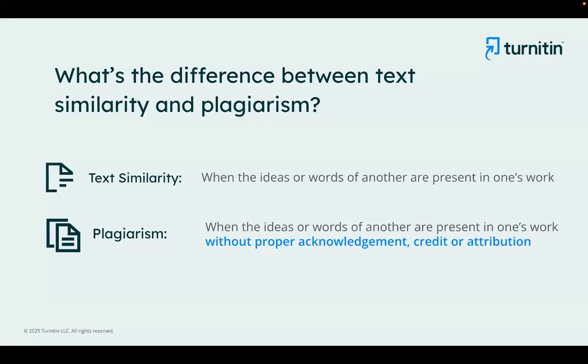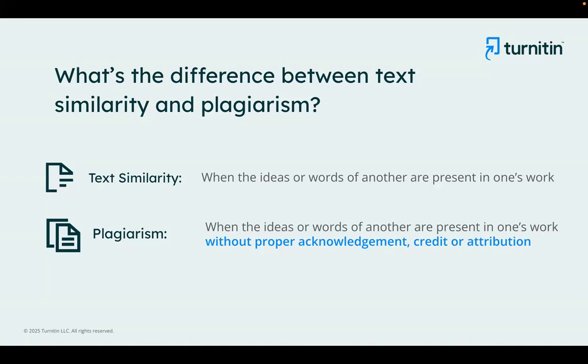Now, what is the difference between text similarity and plagiarism? Text similarity is when the ideas or words of another are present in one's work. In simple terms, if you're uploading a paper and you find any text matched from any other source or paper, that is simply a text similarity or a text match.